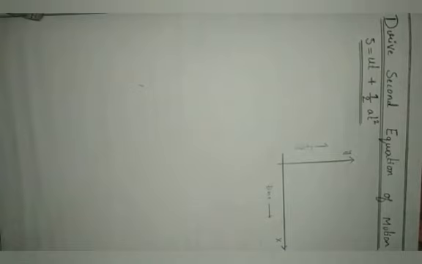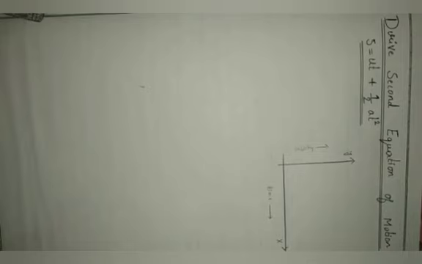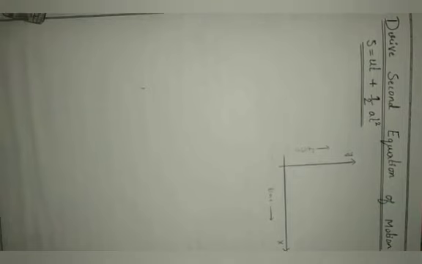Now you have to consider an object moving with the initial velocity u. It travels uniformly. The object travels with a uniform rate. After time t, its velocity will be v.